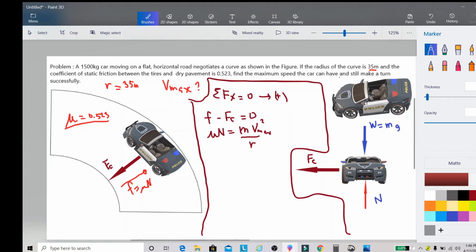What is left is we just have to sum up forces at Y to get N and equate that to 0. That will be upward positive. N is equal to the weight. What's the weight?